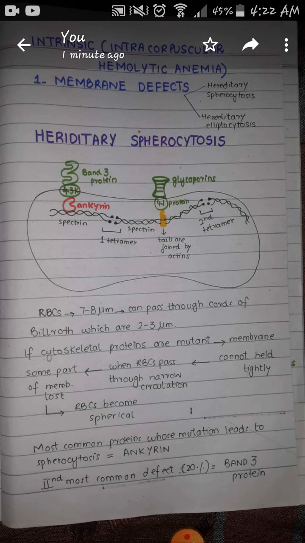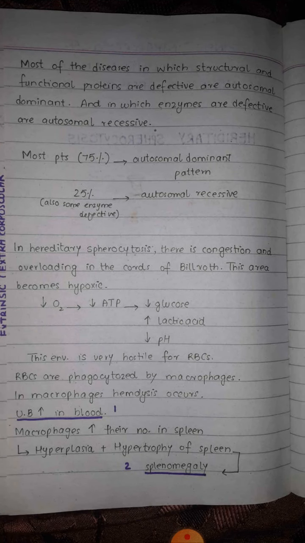Most of the diseases in which structural and functional proteins are defective are autosomal dominant diseases, and the diseases in which there is a defect in the enzymes are autosomal recessive. So in hereditary spherocytosis we know that there is a defect in the structural proteins, in the cytoskeletal proteins.